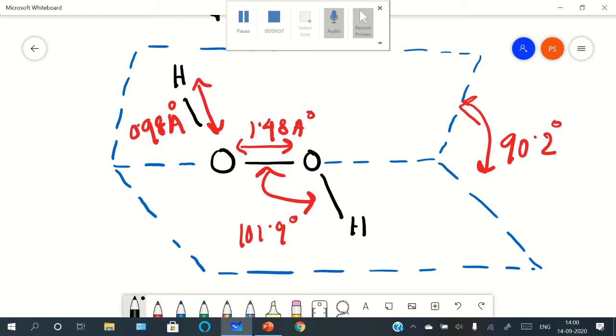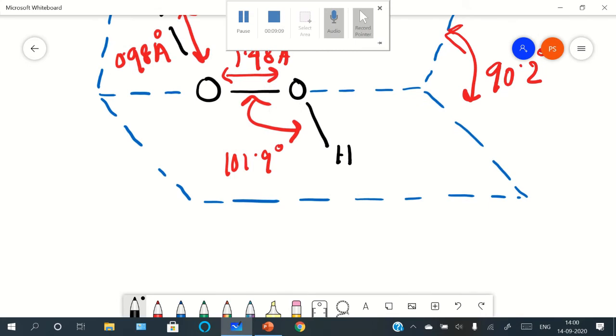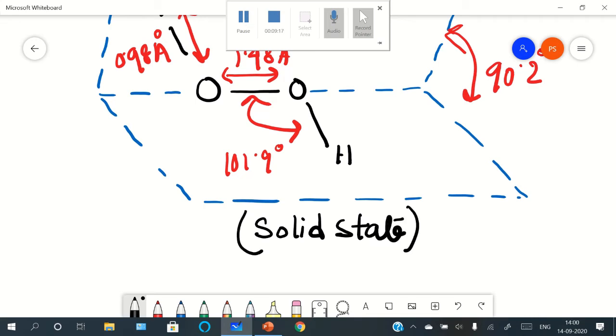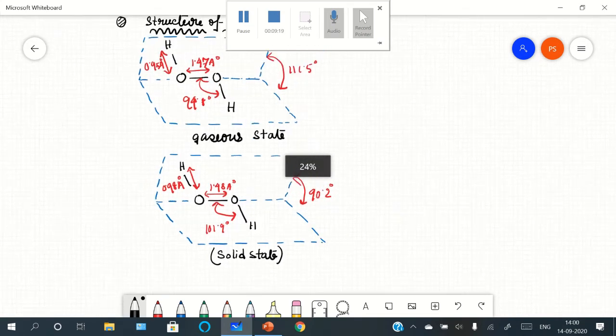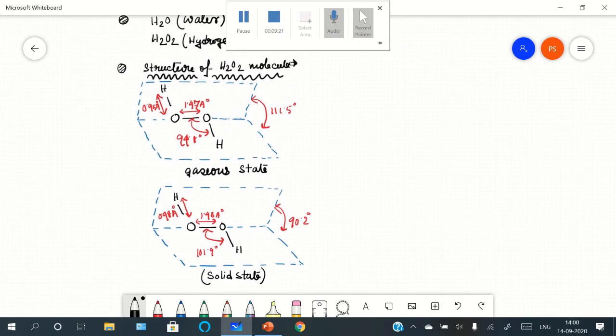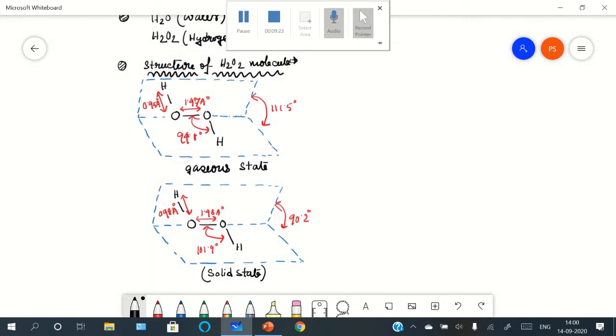This entire structure is when the H2O2 molecule is in solid state. This entire structure is known as the open book structure.